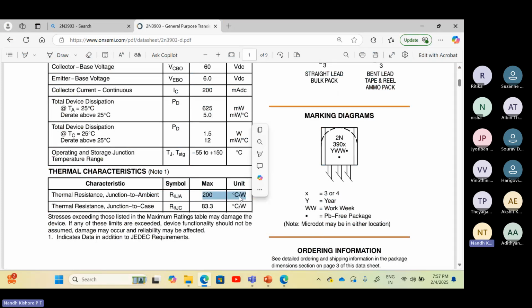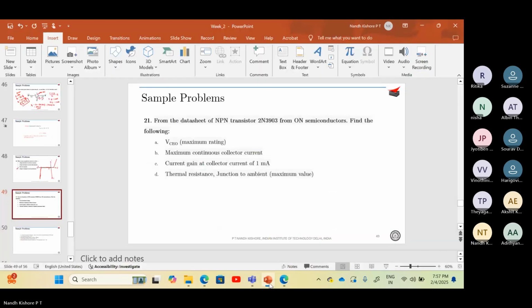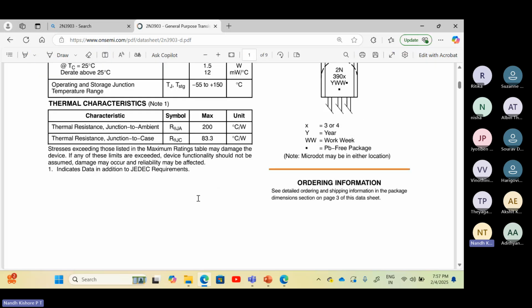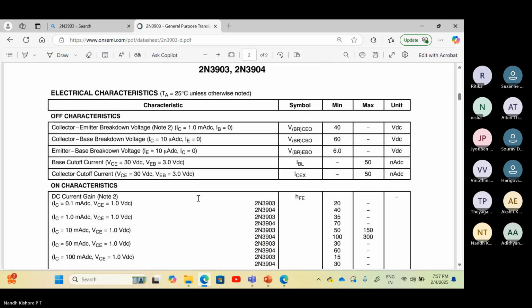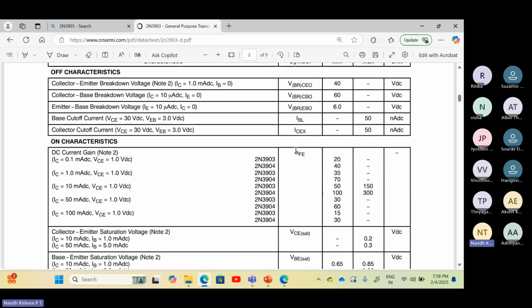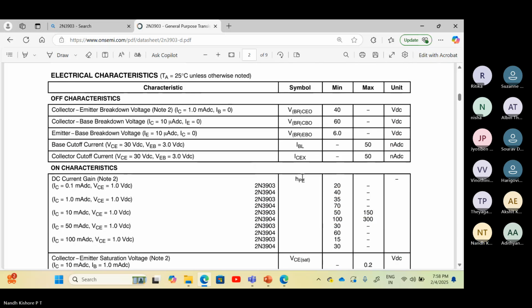Okay, fine. And what else is asked? Current gain at collector current of 1 milliamp. So typically your beta is given. At IC of 1 milliamp, your 3903 has 35.